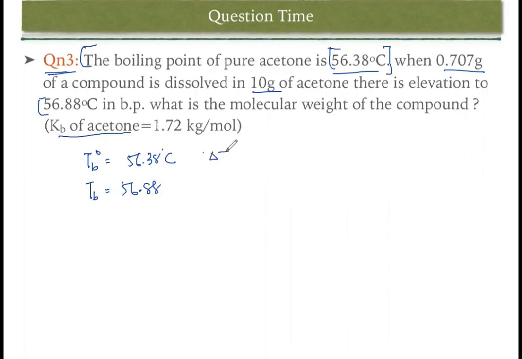We know that delta T is equal to Tb minus Tb naught, which is equal to Kb into molality.